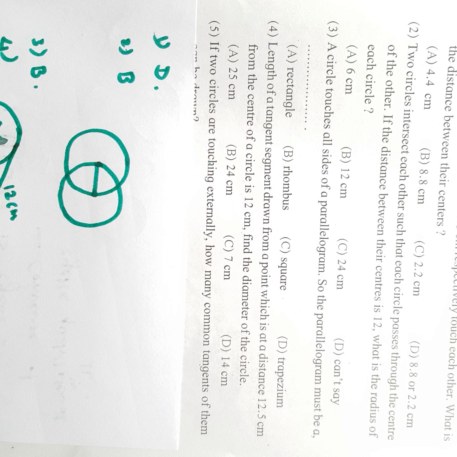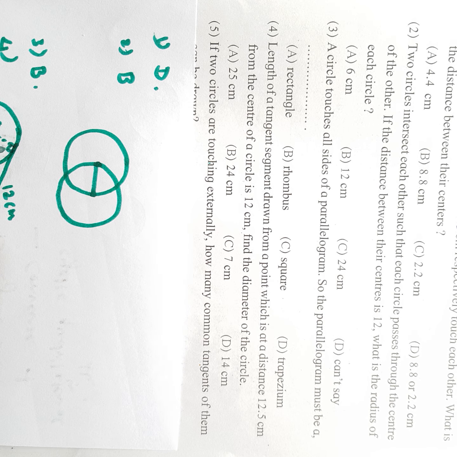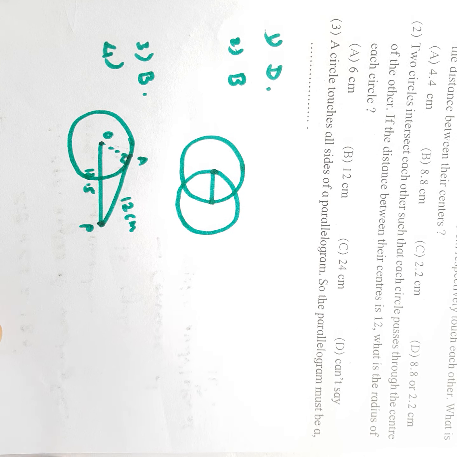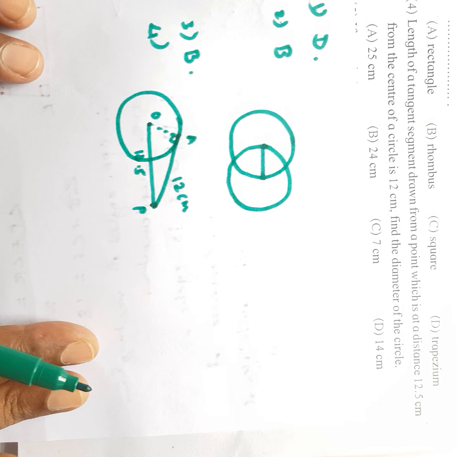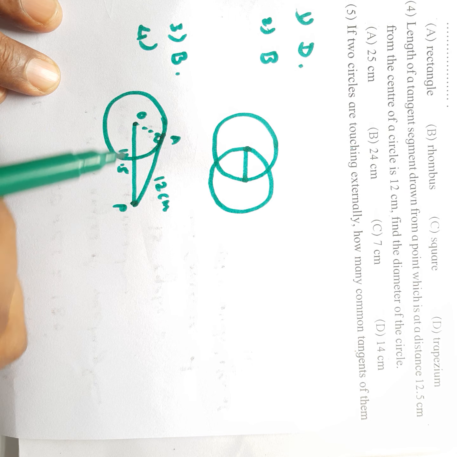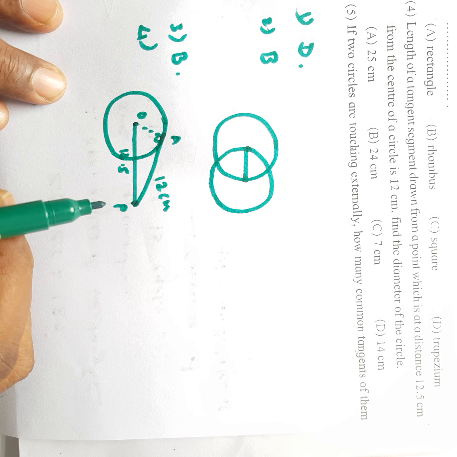We can find the radius. If PA is the tangent segment, then OA will be the radius. To find this radius OA, we have to use the Pythagoras theorem in triangle OAP, which is a right angle triangle.